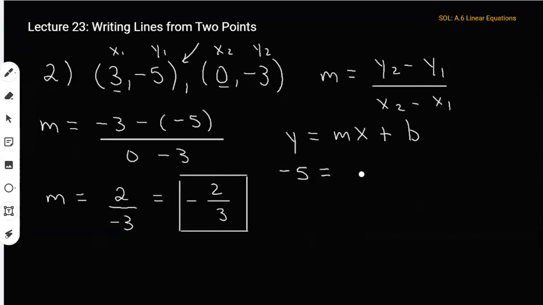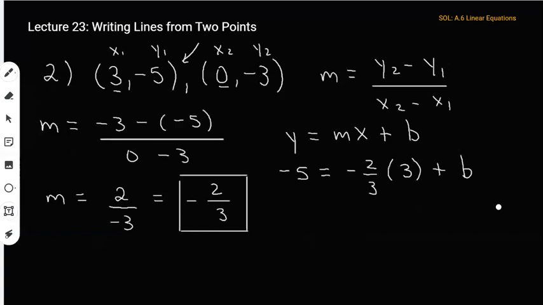My slope is going to be -2/3. And my x value for this ordered pair is +3. So I'm going to put the +3 right here. I'm going to add b at the end because I'm not really sure what that is yet. But we're about to figure out what that is.